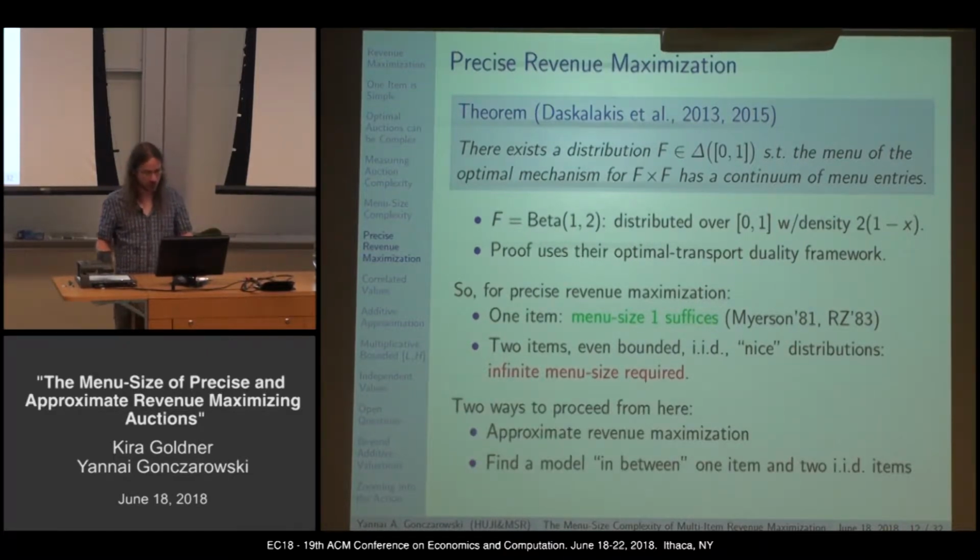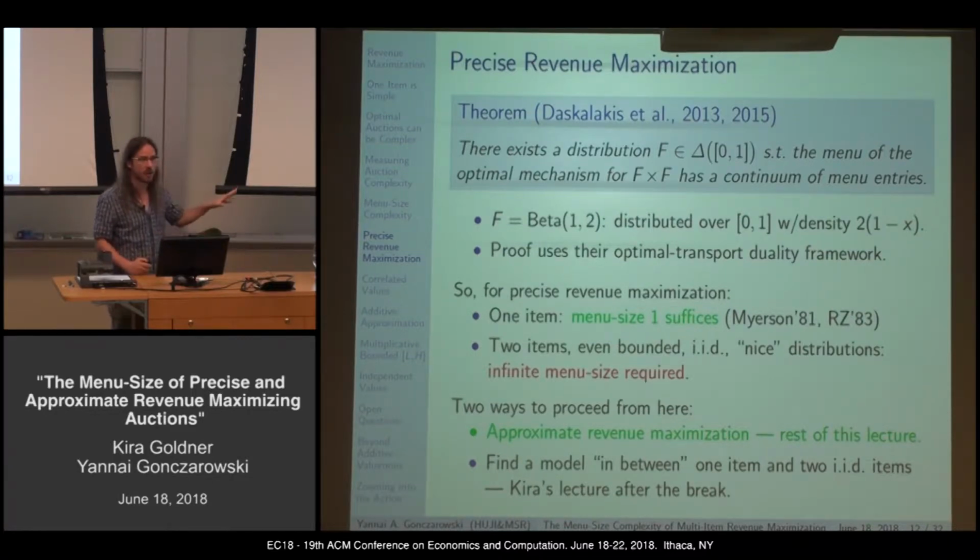And there are basically two ways to proceed from here. One of which is to talk about approximate revenue maximization. The other one is to say, even though it looks like there's nothing between one item and two items, bounded IID, nice distributions, try to look for something in between.